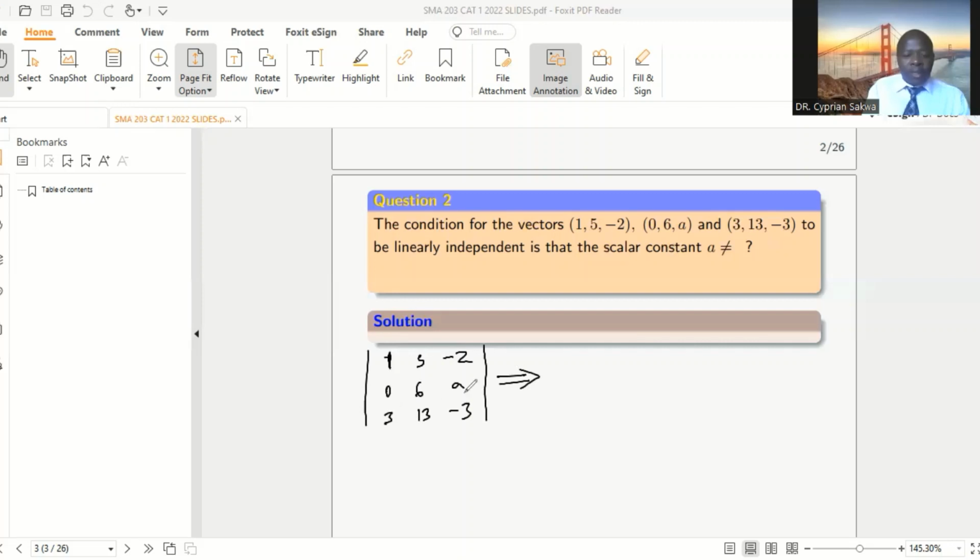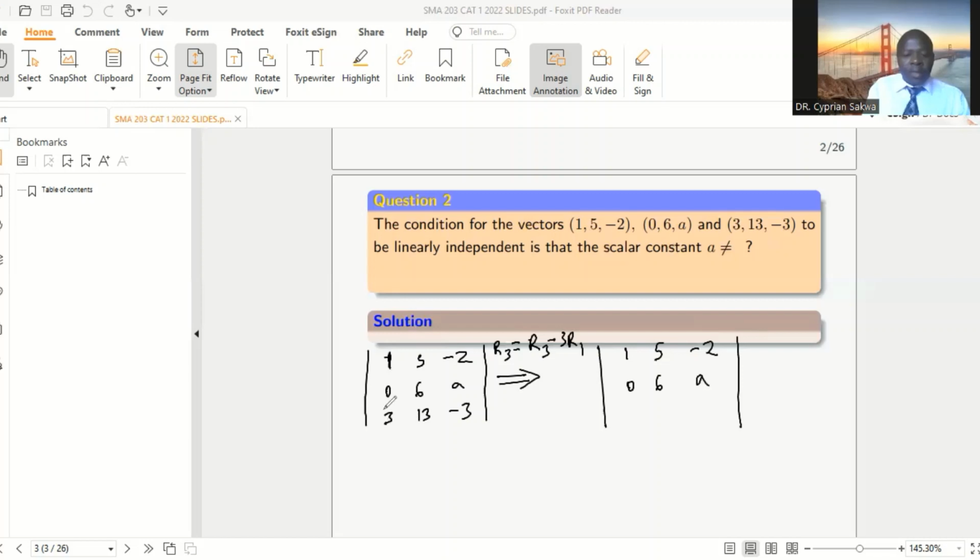So how do I create a 0 here? I just take row 3, the current row 3 that we have, then subtract 3 times row 1. So row 1 remains as it is, and row 2 remains the way it is.